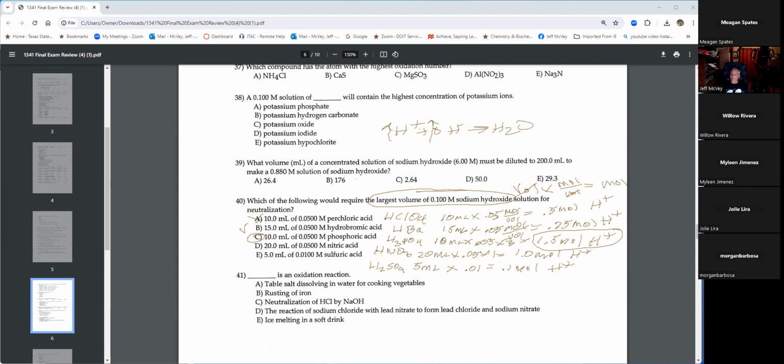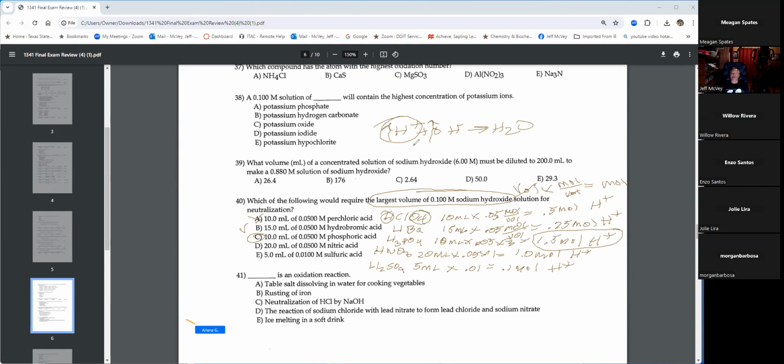Yes, sir. Okay. I have a question. I don't know, it might be dumb, but why is A not times 4? Because the only thing I have 4 of is oxygen, not hydrogen. I don't care about the oxygen. It's the H plus that is reacting with the hydroxide.